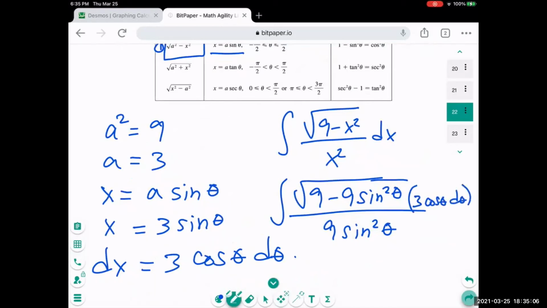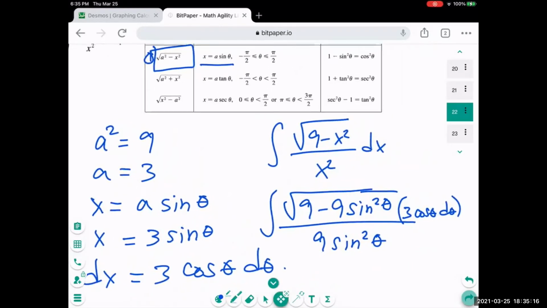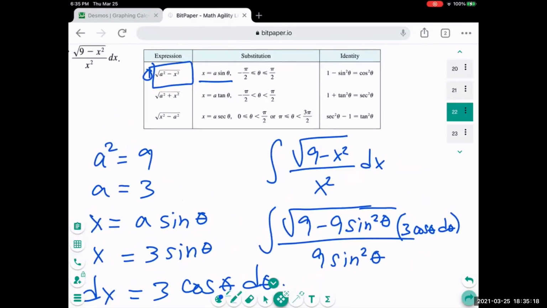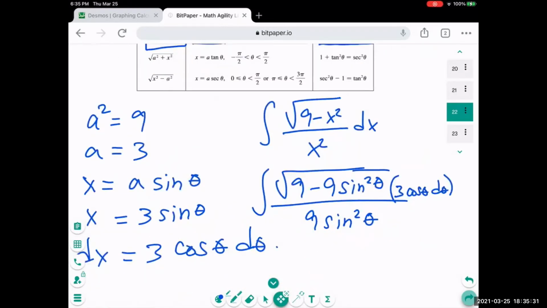So lahat ng ating nasa integrand are all in theta now, right? So yung isang ating gagawing transformation, sabi doon, we can use the identity. This one here, yung notes identity. We can use 1 minus sine squared theta equals cosine squared theta. So makikita natin doon sa loob ng radical sign, doon sa square root, we can factor out yung 9, right?